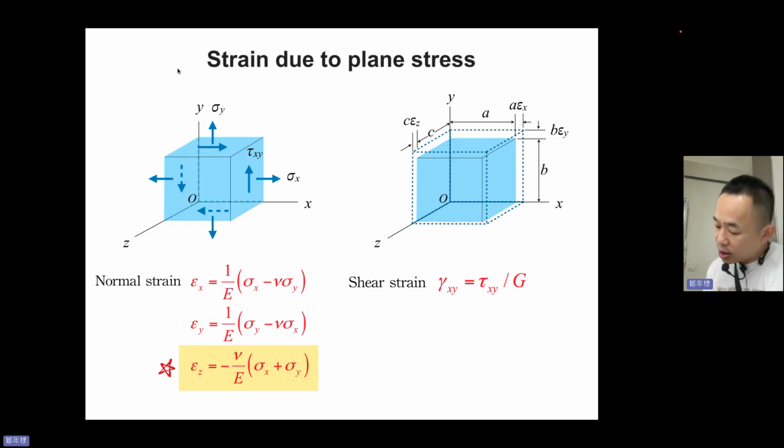If we subject it to a positive sigma x, positive sigma y, positive tau xy, you see the x will grow, right? And y will grow too, but z will shrink.